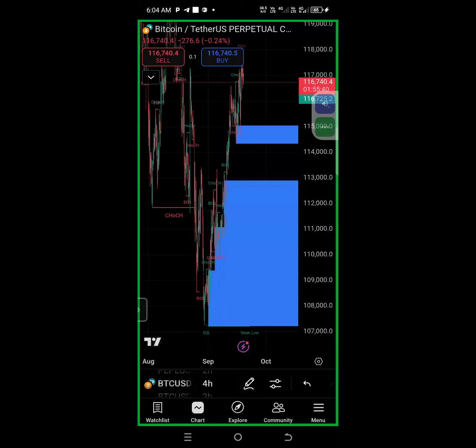So what we are saying is this: if you want to trade, first consider drawing your horizontal lines for your weak lows or weak highs, and then also strong lows, so that you can spot out where the market's liquidity exists.